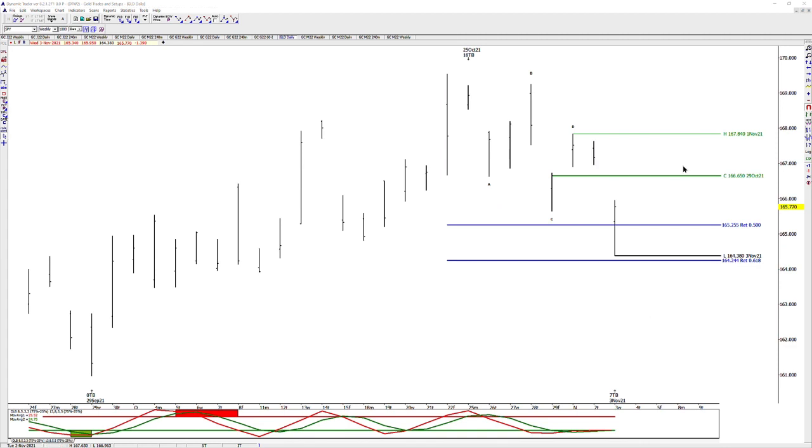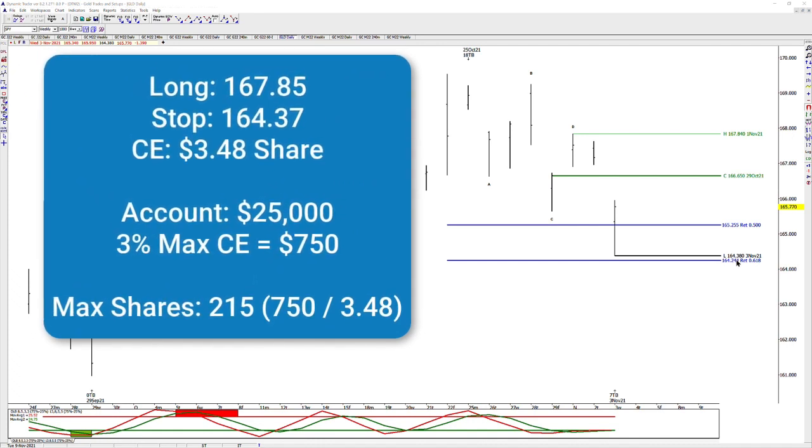Let's say we go long at 167.85, and our stop is at 164.37. Now, it shouldn't be any greater than that. That's a $3.48 per share capital exposure, the difference between the entry and the stop. If we have a $25,000 account, 3% of that account is $750.